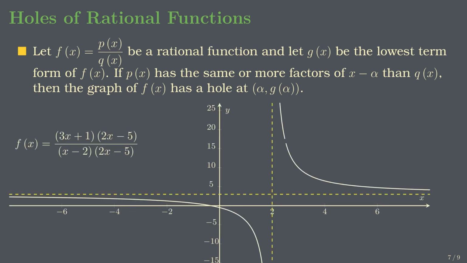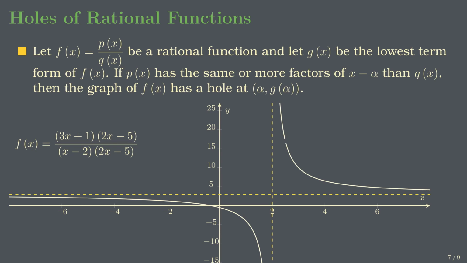So, for example, in this rational function, we have a factor of 2x minus 5 appearing in both numerator and denominator, and they both have one factor of these on the numerator and the denominator.